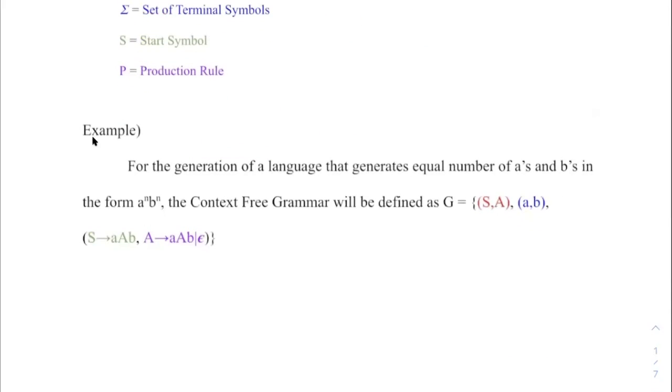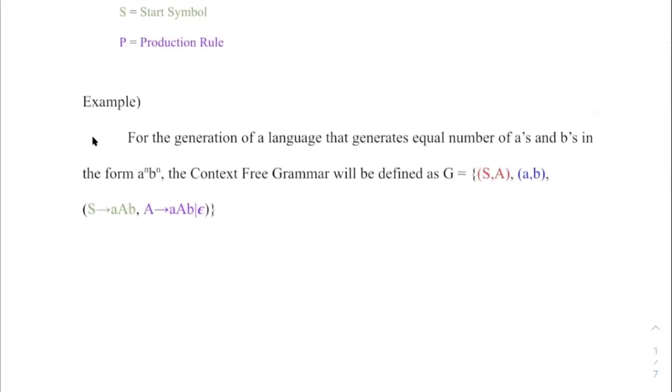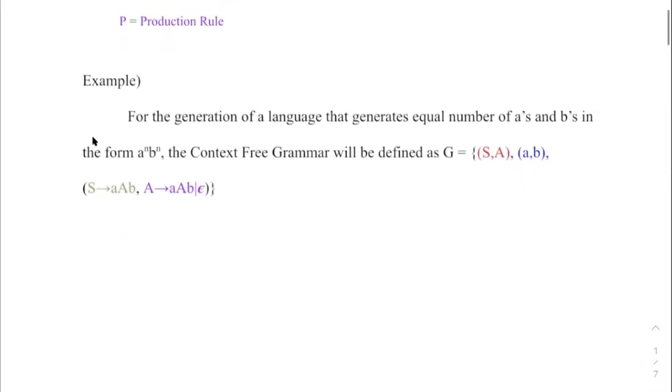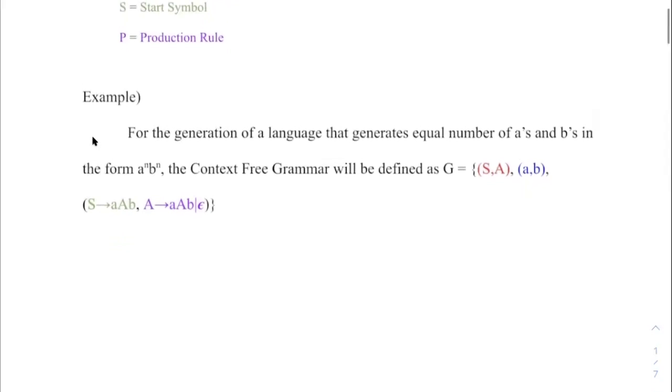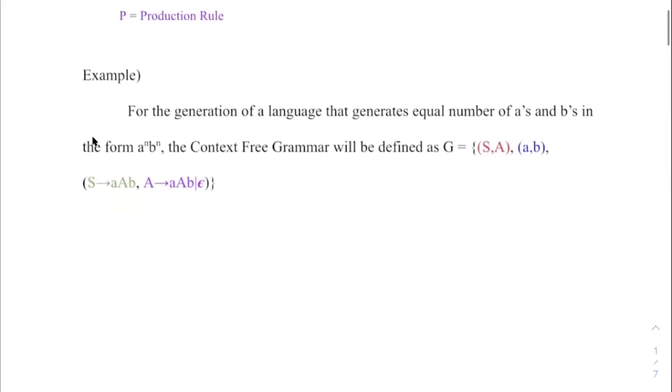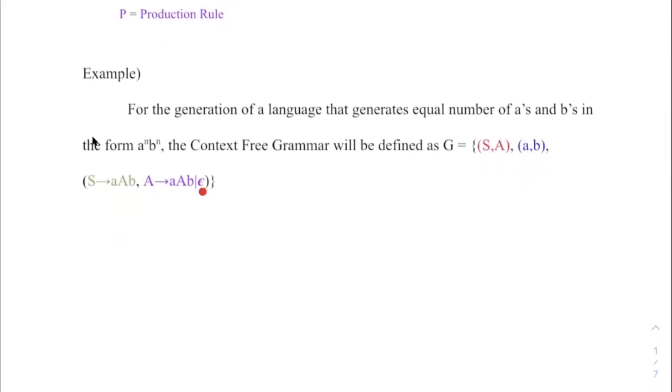In this example, for the generation of a language with an equal number of A's and B's in the form a to the n, b to the n, the context-free grammar will be defined as G equals S, A, a, b, and then S arrow little a, big A, b, and then A arrow little a, big A, b, and the line is kind of like an or, and then epsilon. Epsilon, by the way, if you didn't know, terminates it, or takes it out.